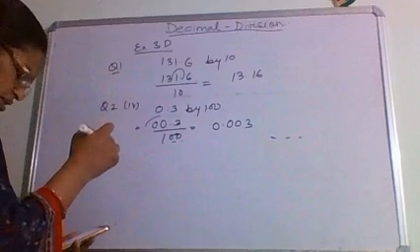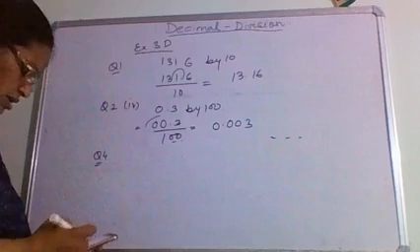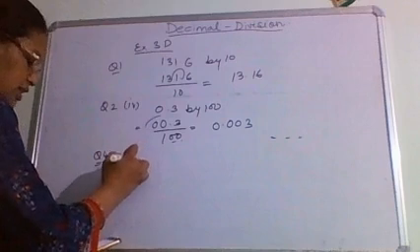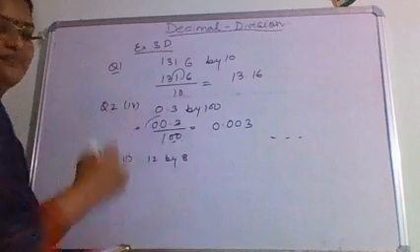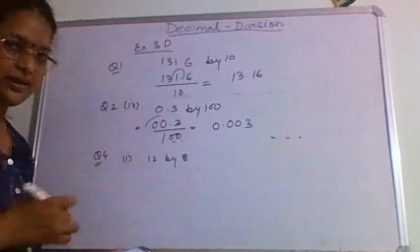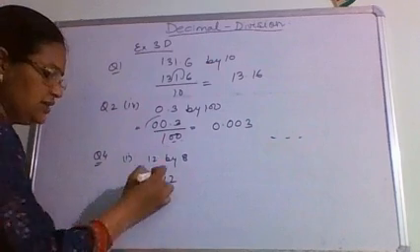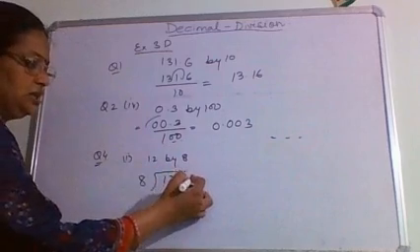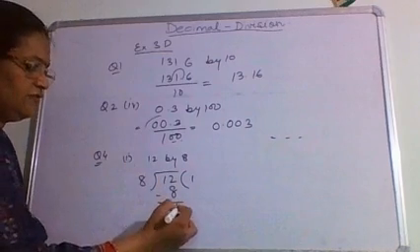Same thing. Now question number 4. Come to question number 4. It is 12 by 8. Divide 12 by 8. How will we divide? 12 inside, 8 outside, 8 ones are 8, minus, 4.